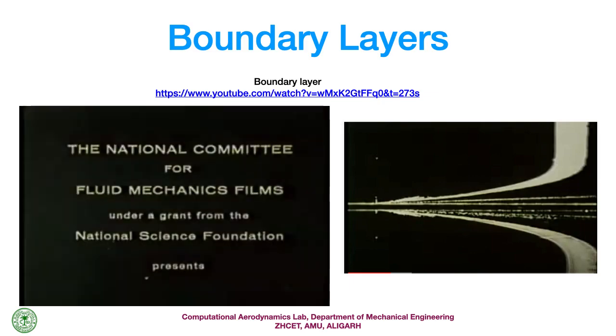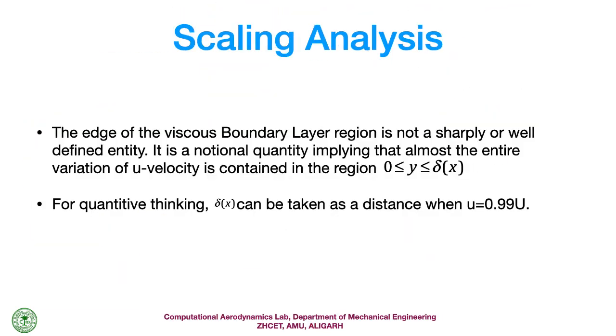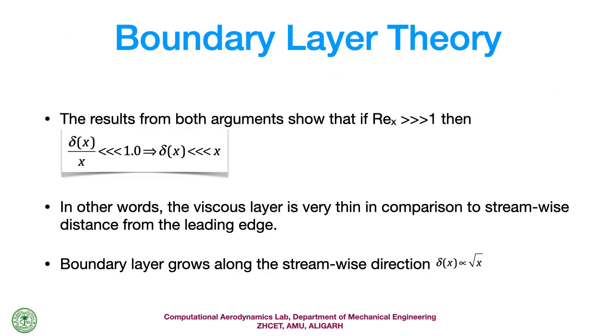So this last part of the mathematical analysis gives us the same thing back in words: the viscous boundary layer is very thin in comparison to the streamwise distance from the leading edge. The second important thing is that the boundary layer grows along the streamwise direction as delta x is proportional to x raised to the power half.